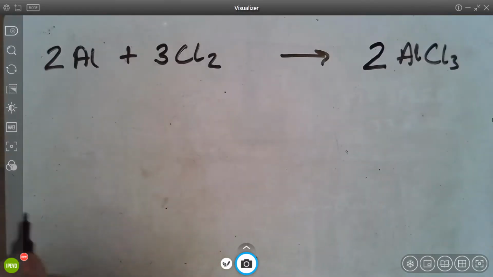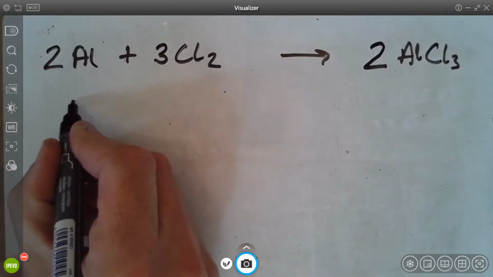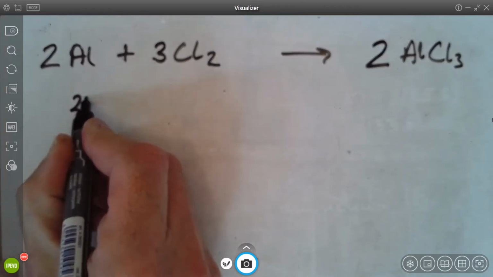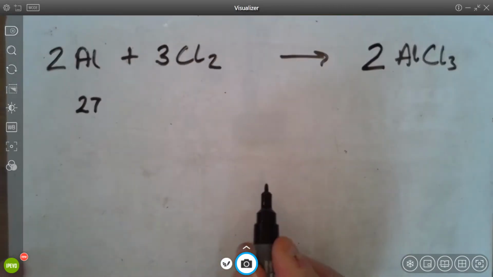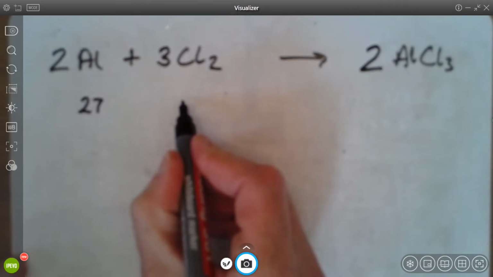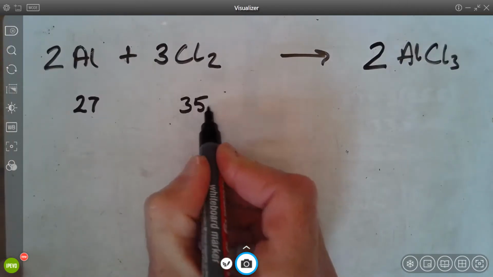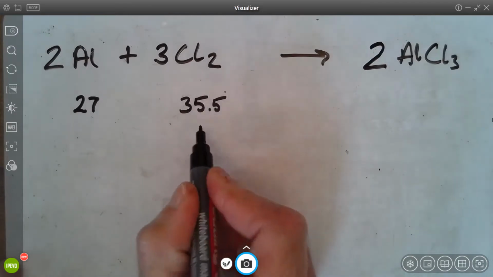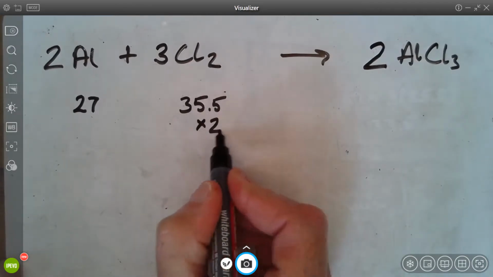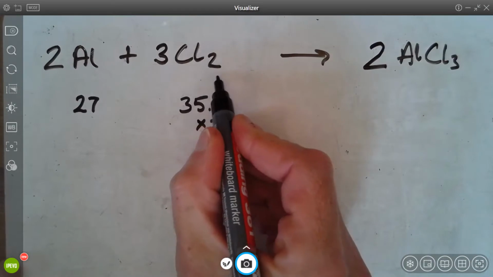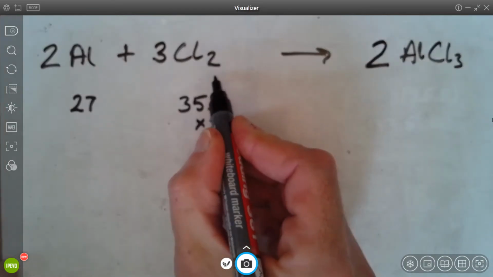Okay, so aluminium, if we look it up on our periodic table, has a relative atomic mass of 27. Chlorine has a relative atomic mass of 35.5. Now that will be multiplied by 2 because it's a chlorine molecule.